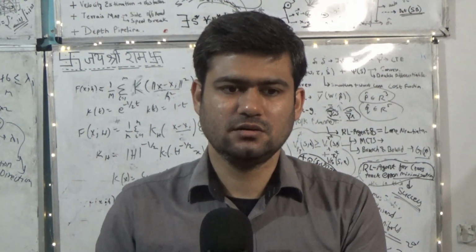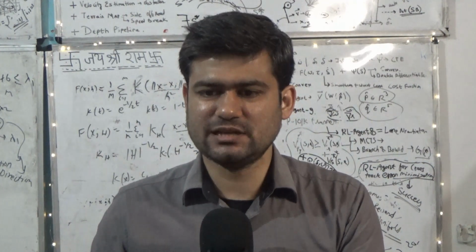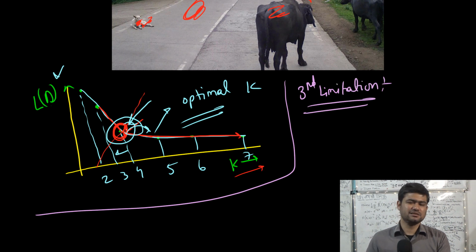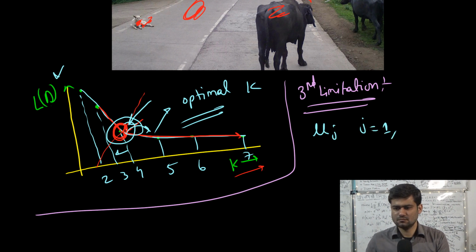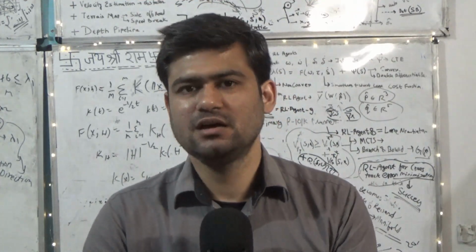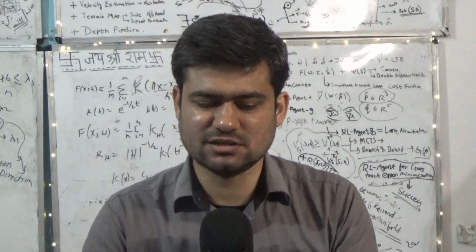The third limitation of the k-means algorithm. Recall that in the k-means clustering algorithm, in the previous lectures, we discussed that initially we initialize the mean values randomly, and this random initialization is one of the limitations of the k-means clustering algorithm.